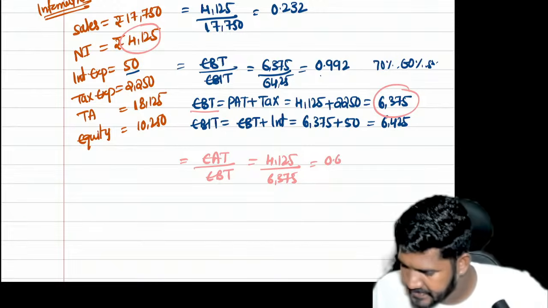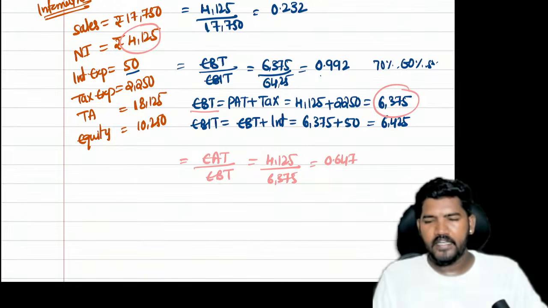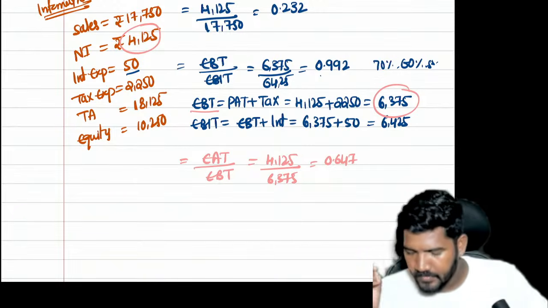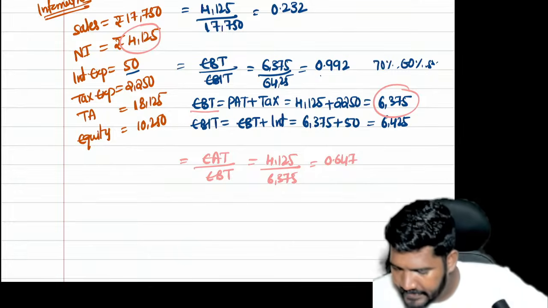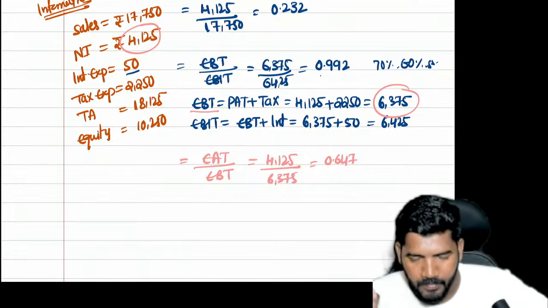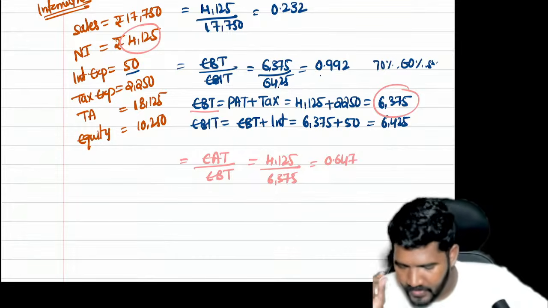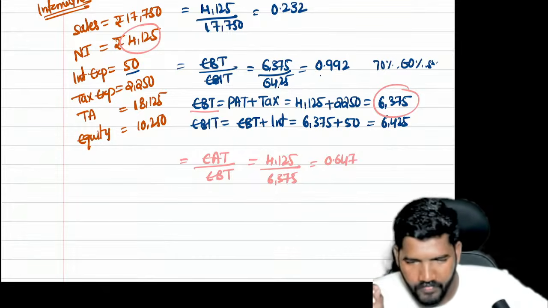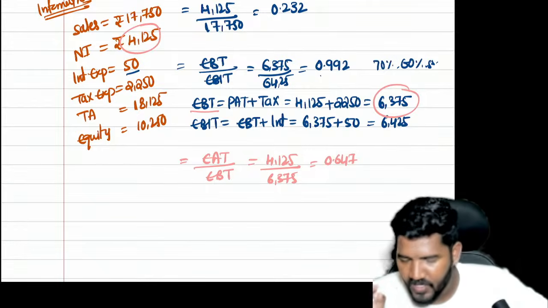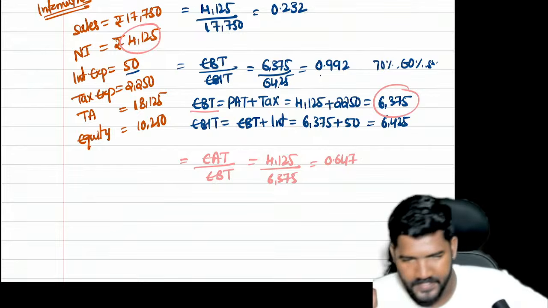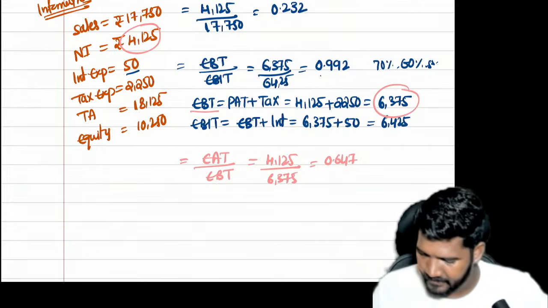So 0.647 is the answer. There is a 36% tax burden on the company. 64% is the after-tax profit. The taxable profit is 6,375. After-tax profit is 4,125. It means the company has a tax burden of 36%.